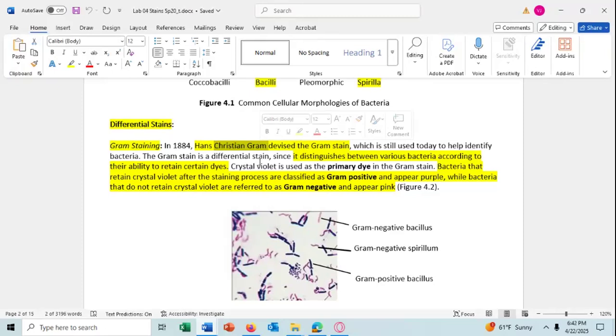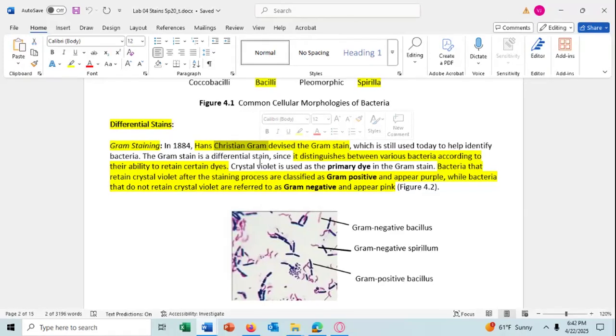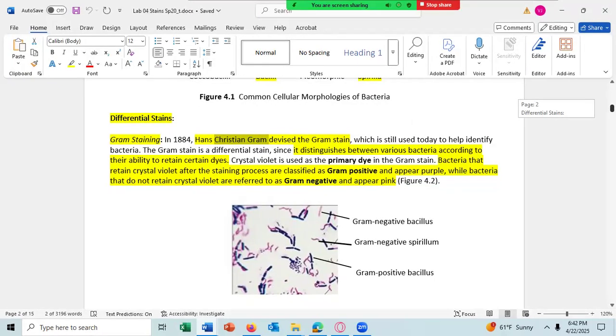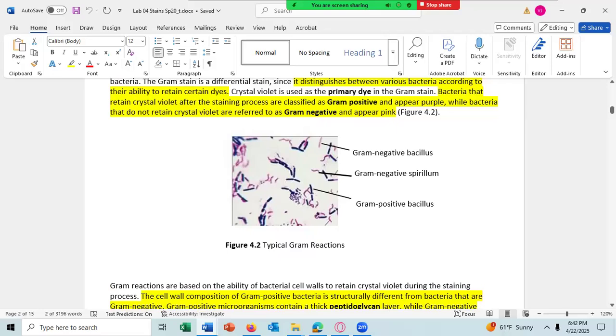Crystal violet is the dye being retained by the gram-positive cells, and we'll talk about how the cell wall determines whether the cell is gram-positive or gram-negative. If the bacteria can retain the crystal violet, they're gram-positive. If they do not retain the crystal violet, they are gram-negative.